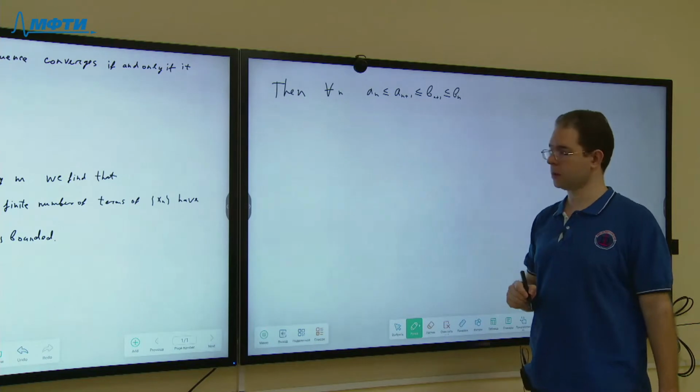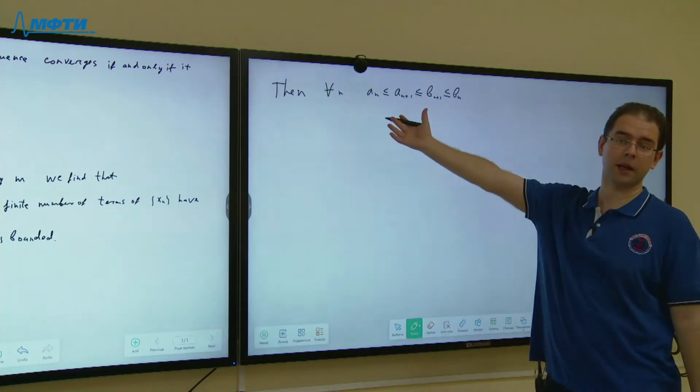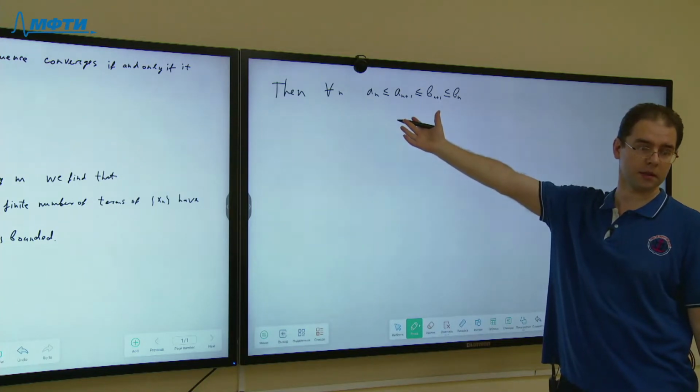From the way we constructed those numbers, we have basically a sequence of nested intervals.